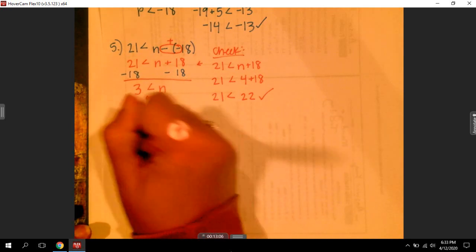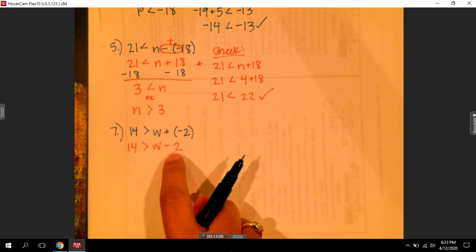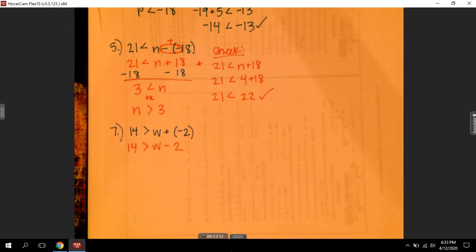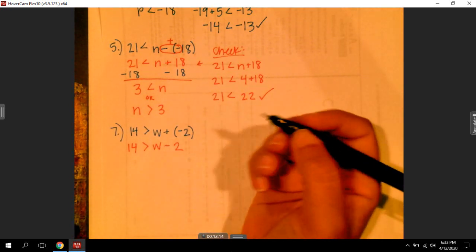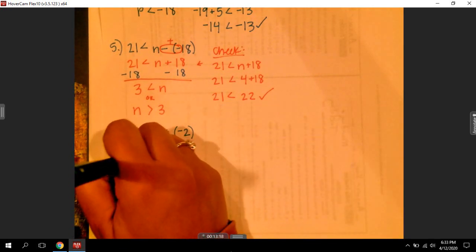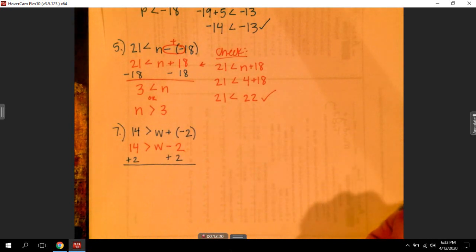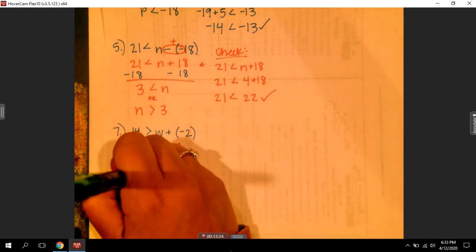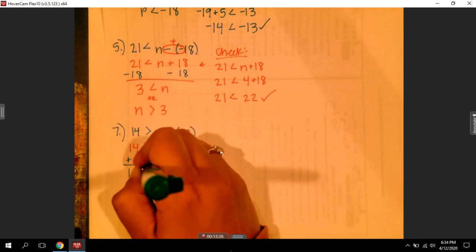Okay? And that makes it a little bit easier to figure out how do I solve for w? Because it's w minus 2, I'm doing the opposite. So that means I'm going to add 2 to both sides. So then, of course, 14 plus 2 leaves me with 16. That inequality does not change.